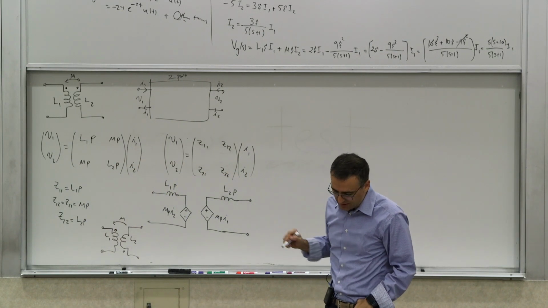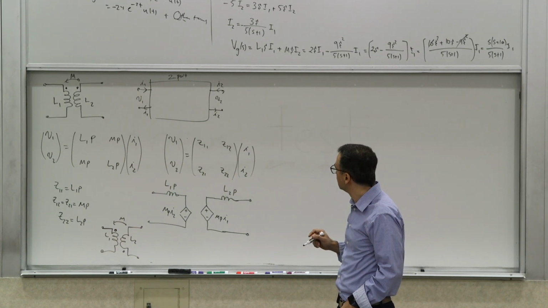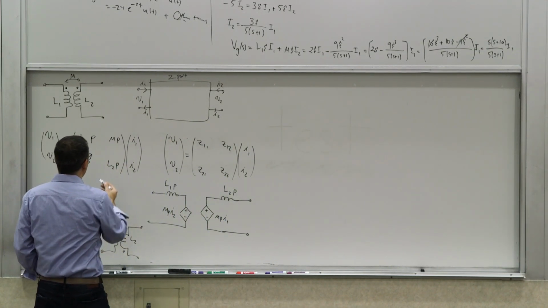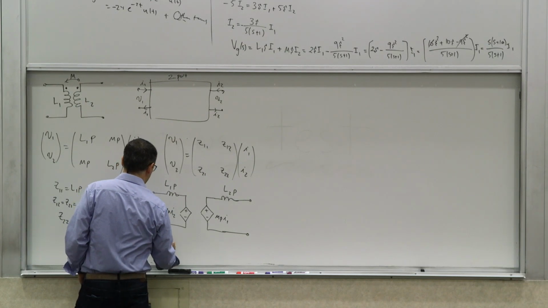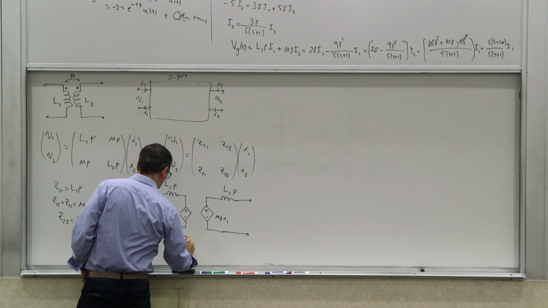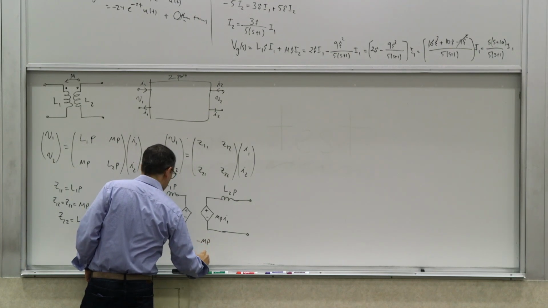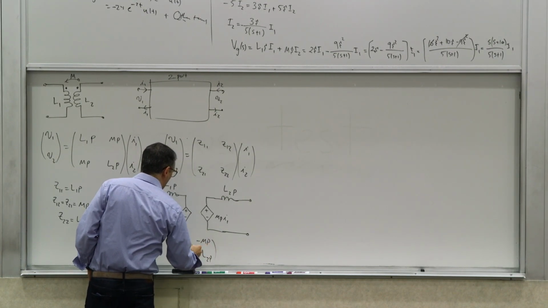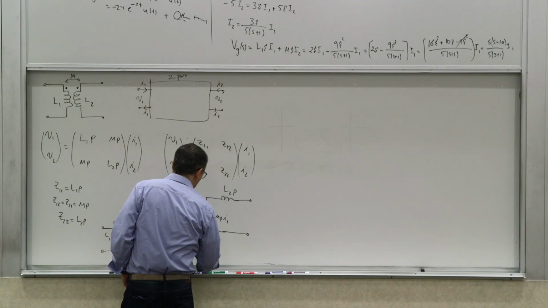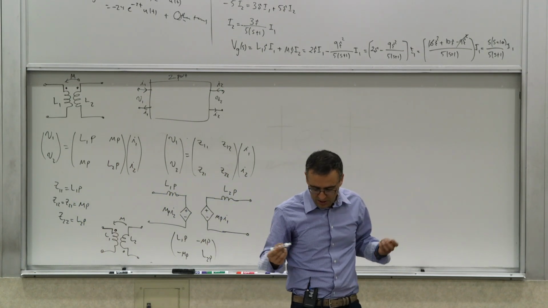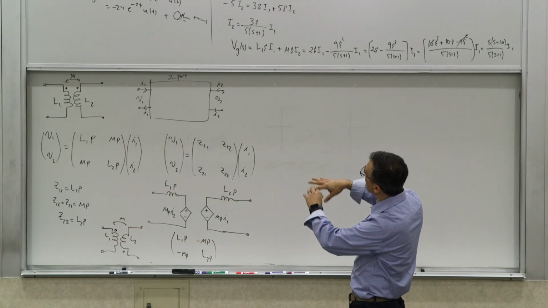It's going to be the same thing except for a minus sign. So it becomes L1P, negative MP, and L2P, because now they are coupled in the opposite direction. You can use this to make voltage sources that point in the other direction. So that's one way to generally think about it.